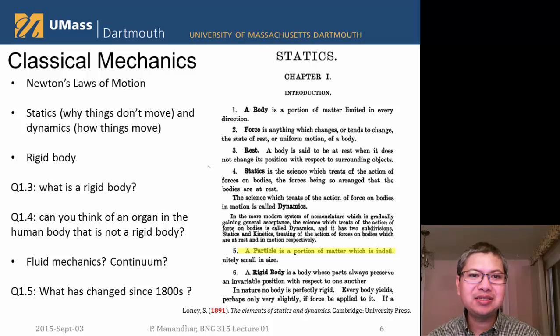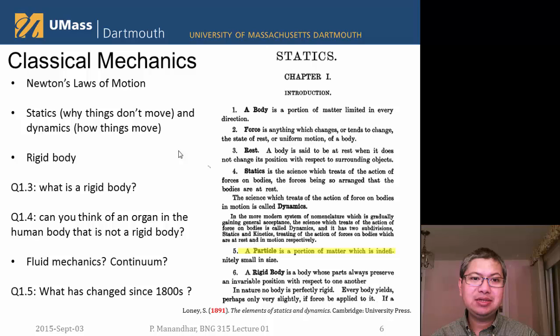So classical mechanics. One of the giants of classical mechanics is Sir Isaac Newton, and everyone here should know about Newton's laws of motion. Often classical mechanics, or mechanics in general, is divided into statics and dynamics. Statics is the study of things that are not in relative motion, but they could be applying forces on each other.